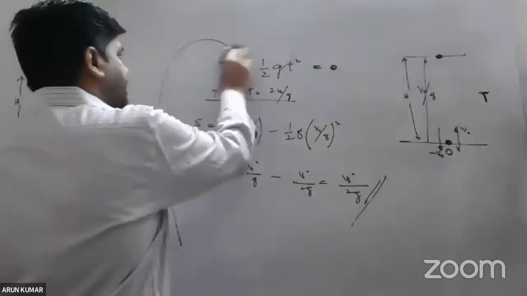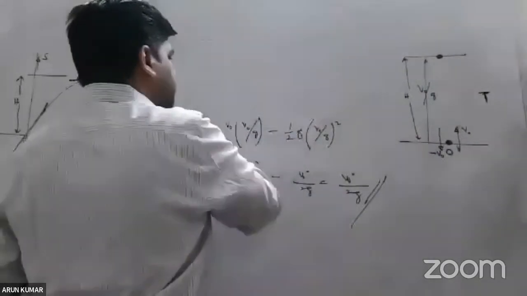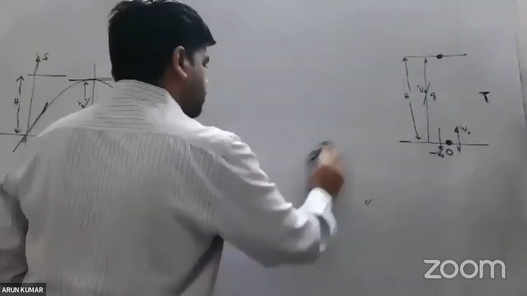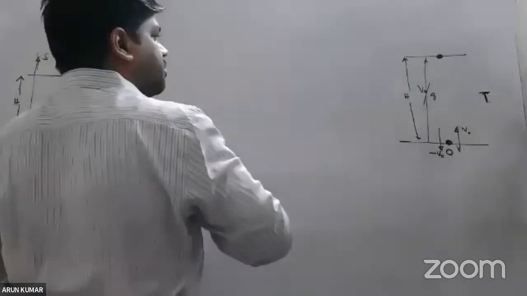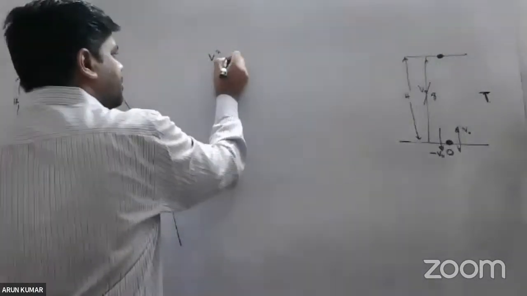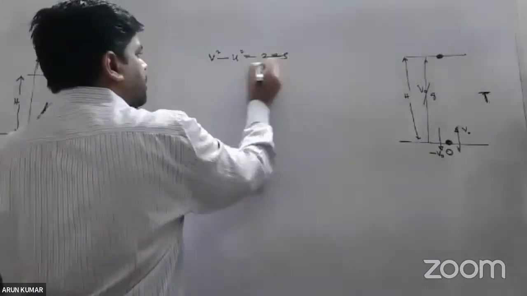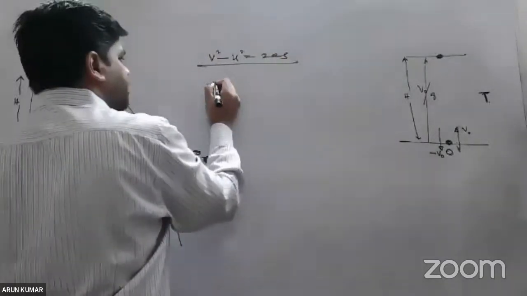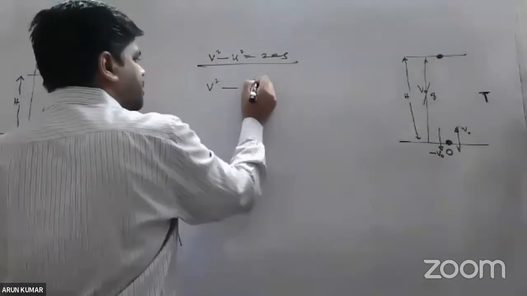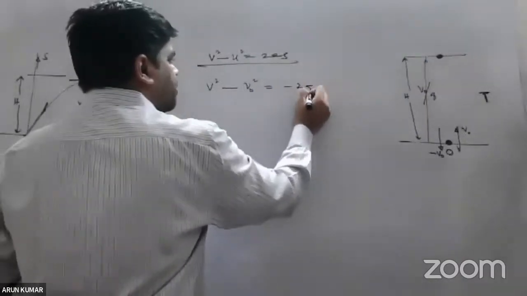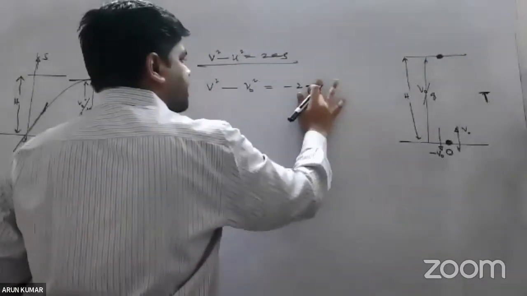Now, the other way to get it is I use v square minus u square is 2as. So v square, final square, minus v naught square is equal to minus 2gs, where s is h.